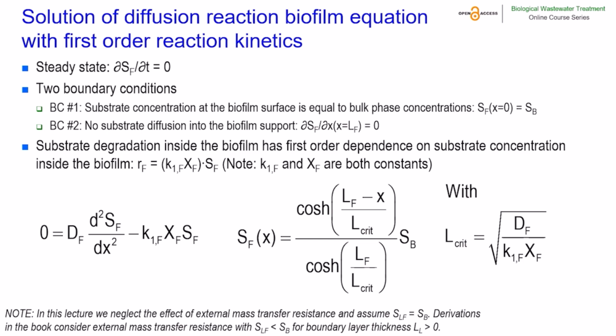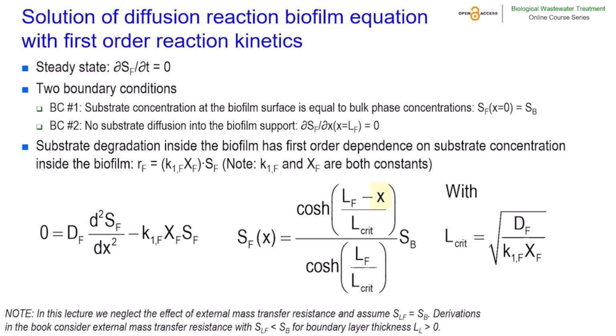This is excellent. We now have an analytical solution for substrate concentrations within the biofilm, SF, as a function of the bulk phase substrate concentration, SB. This analytical solution considers x, the location within the biofilm.